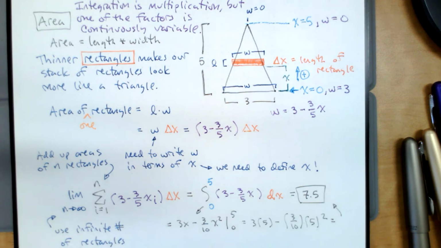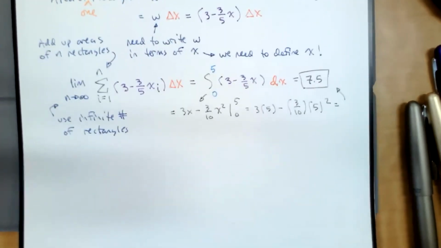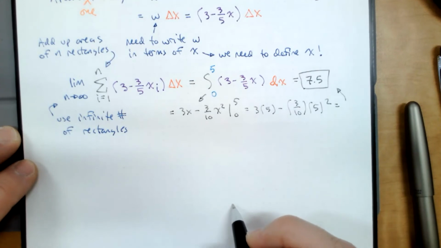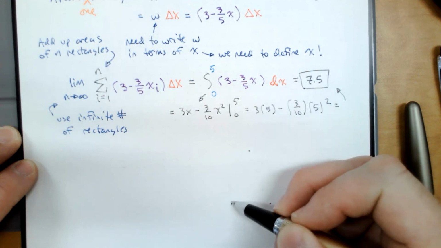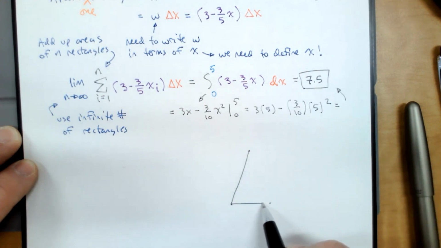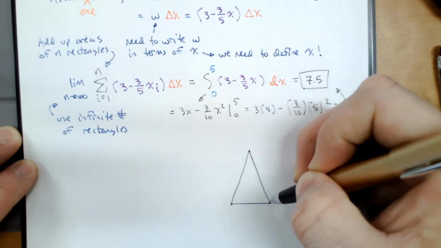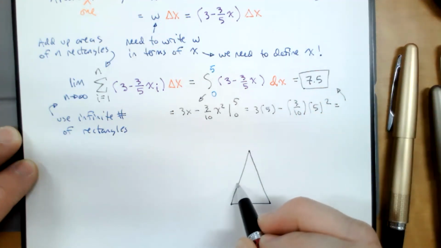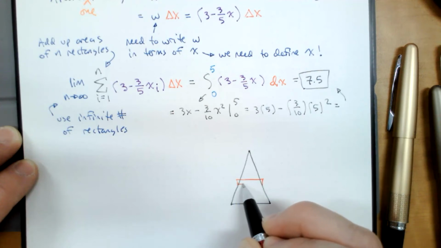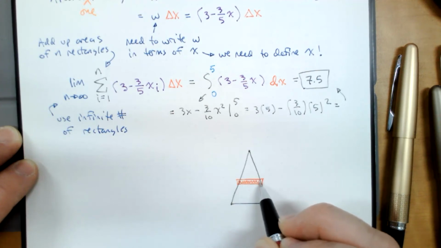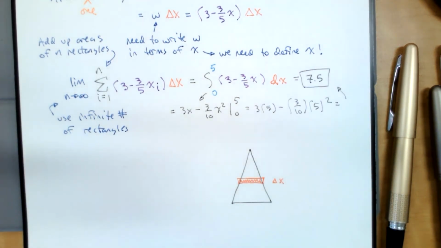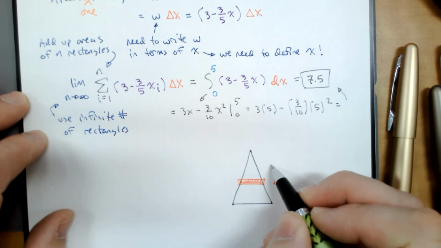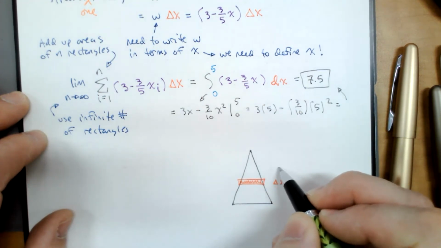Let's find out. A great question. What if same triangle, same rectangle, but instead of saying x is the distance from the bottom of the triangle up to the slice, let's say x is the distance from the top of the triangle down to the slice.